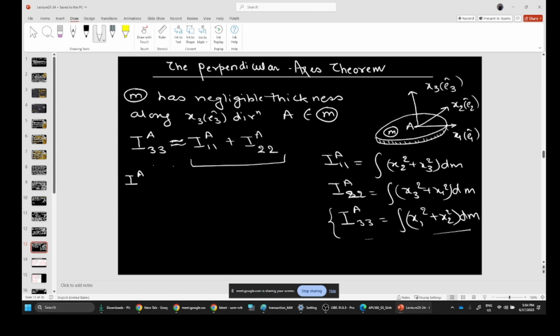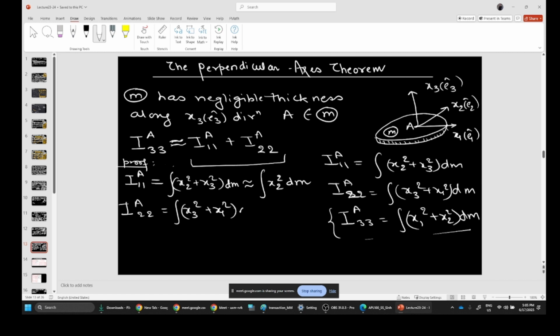So what's the proof? The proof is very simple. I start with IA11, the definition I have already written: the integral of x2 square plus x3 square dm. I'm going to approximately write it as x2 square dm, because x3 is very small, the body has negligible thickness. IA22 by definition is this, and again the body is thin, so this is approximately x1 square dm.